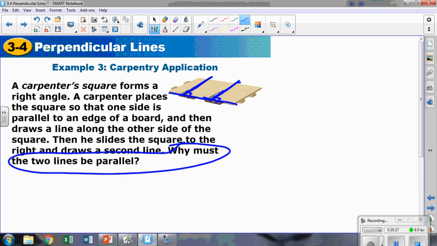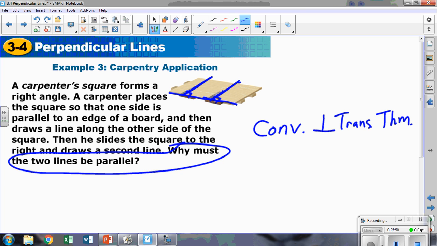Well, of course, given that we're working in the perpendicular lines section, that should be a flag that gives you a huge hint that, by the way, you should probably be working with the perpendicular lines. This one is the converse of the perpendicular transversals theorem.